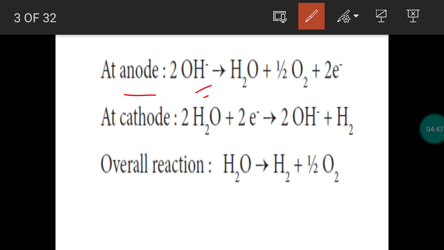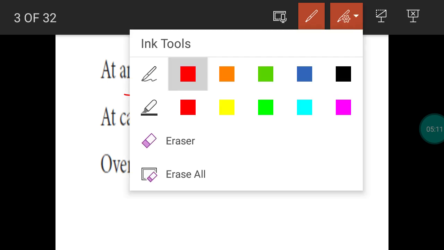If a small amount of alkali is present in water, for example sodium hydroxide, it will be present in the form of Na plus and OH minus. Along with that, water molecule will also be present in the form of a cation and anion. So the process is called ionization process. Water molecule will be present in the form of H plus cation and OH minus anion.